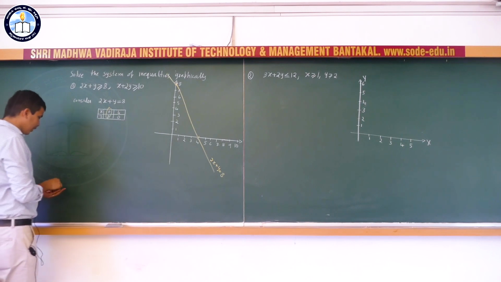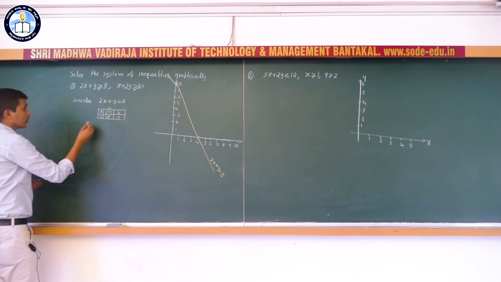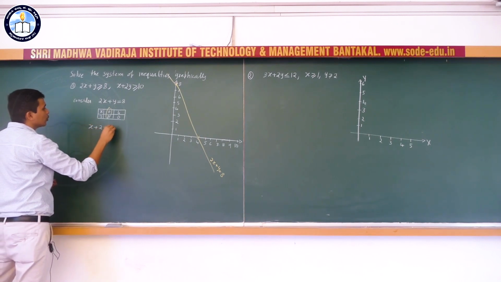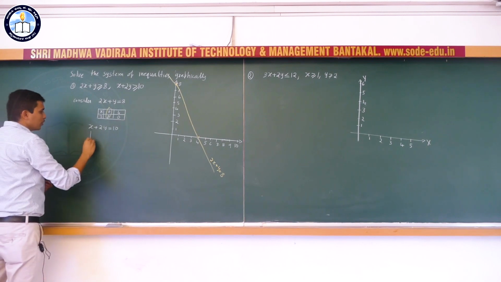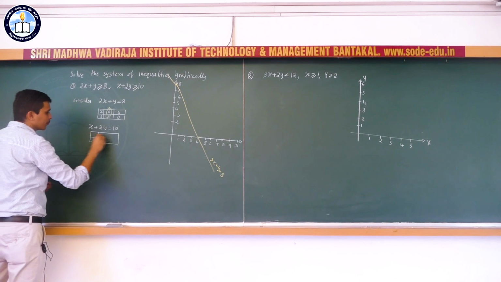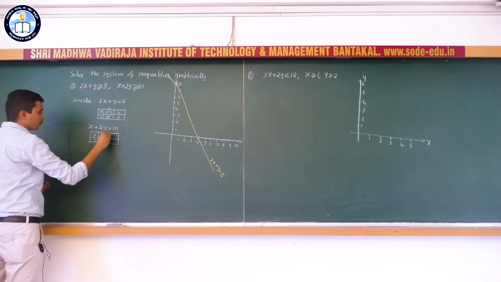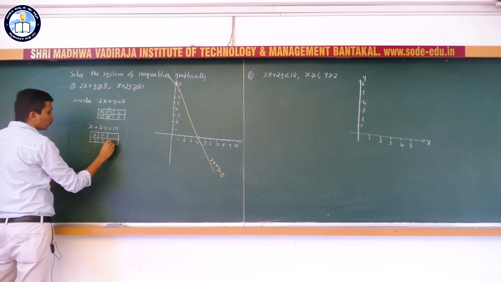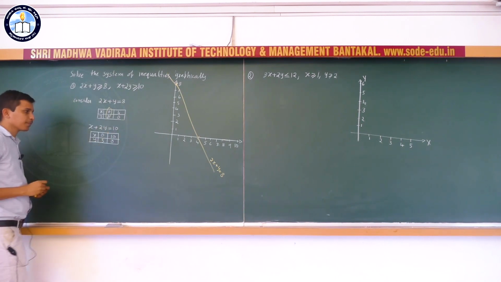And after that, I need to take the other inequality also. I need to draw the straight line for that one also. So here it is x plus 2y equal to 10. Once again, that line doesn't pass through the origin. If x is 0, y is 5, and if y is equal to 0, then x is equal to 10, correct?